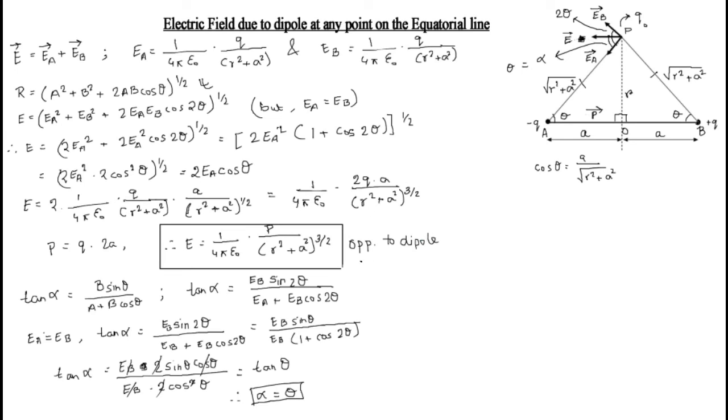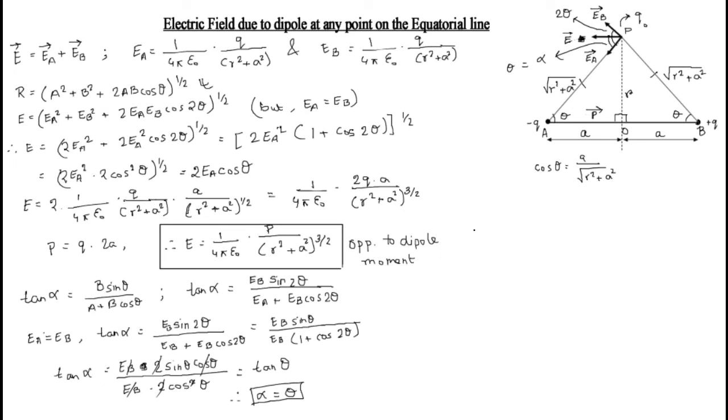Very important: since this theta is equal to this theta, these are alternate angles and hence these two lines are parallel, and thus the resultant electric field direction is opposite to that of the dipole moment.